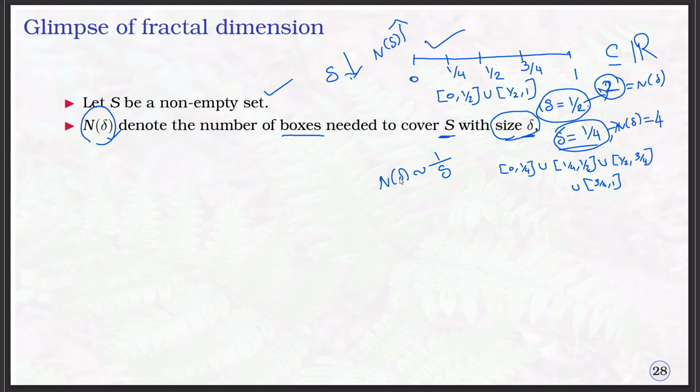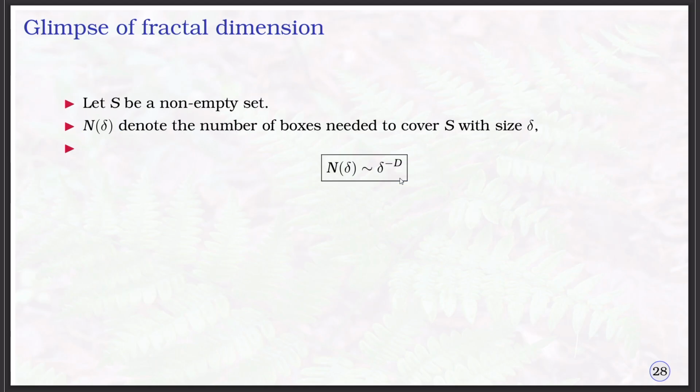So, this relation is given by the formula: n of delta is proportional to 1 by delta power d. So, what do we mean by this d?